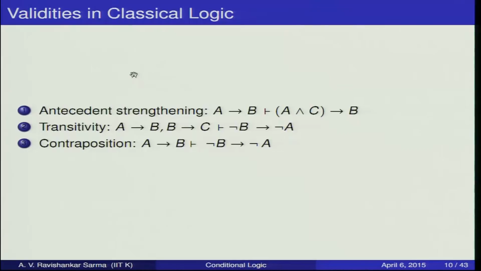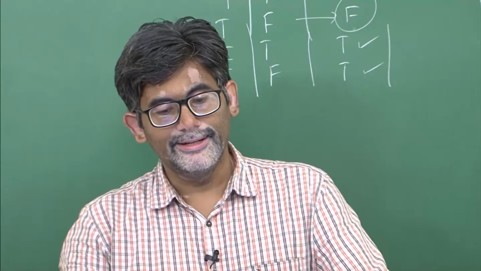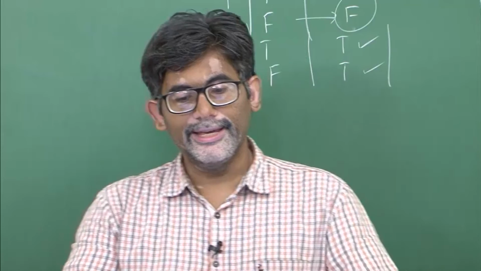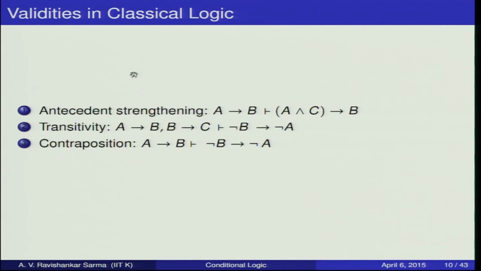There are certain validities in classical logic, but when it comes to ordinary day-to-day conditionals, they do not make any sense. For example, take antecedent strengthening: A implies B, so if you add another statement C, you still derive the same conclusion, that is B. In a real-life example, suppose A is "if there is sugar in the coffee, it would be tasty," and C is "there is kerosene in the coffee"; then A and C implies it would be tasty.